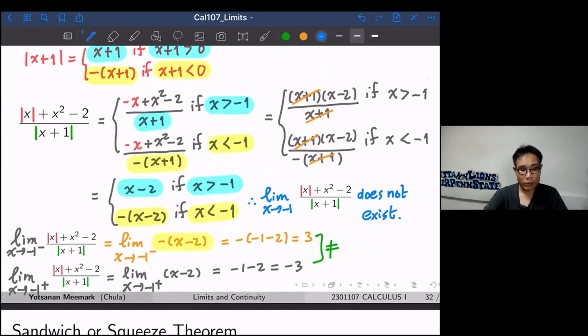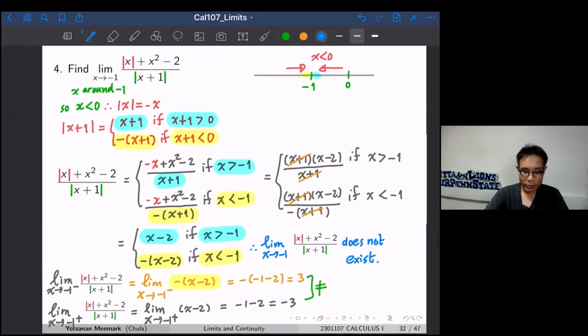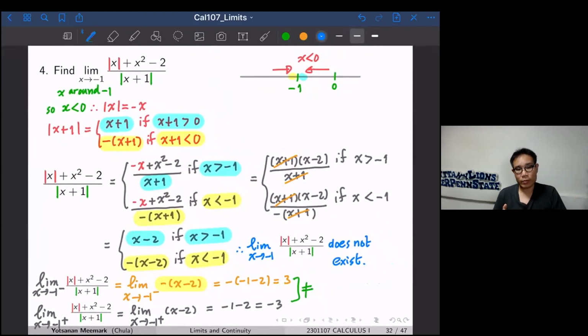Okay, so this one you first simplify, okay, left limit, right limit, and you're gonna have the right side equal to x minus 2 and the left side equal to negative x minus 2.